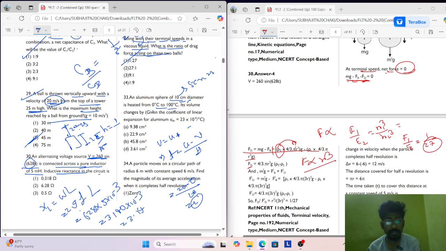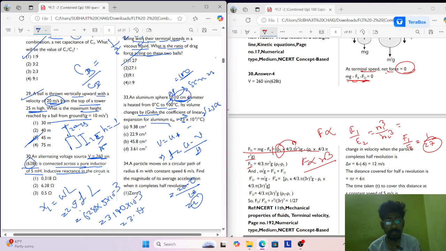Its volume changes. Coefficient of linear expansion alpha is given. That means gamma will be equal to 3 alpha. That means 3 into 23 means 69 into 10 to the power minus 6. Delta T is given also, 100. Okay, R is given. Aluminum sphere is given.